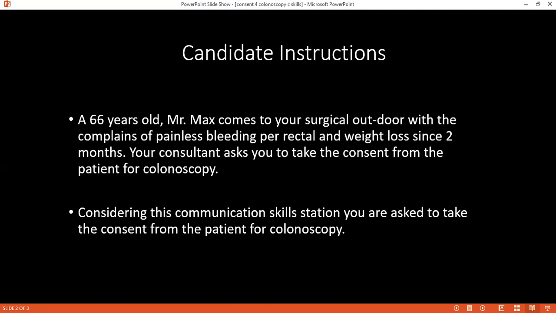Dr. Mann told me, because I have been suffering from some bleeding through my bottom passage as well as some weight loss for the last 2 months, he wants to investigate me. He wants to use some camera which is passed through my bottom passage to look for the source of bleeding. Oh, that's correct, Max.